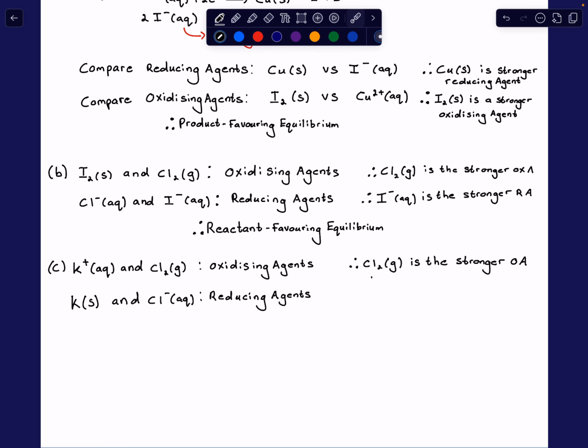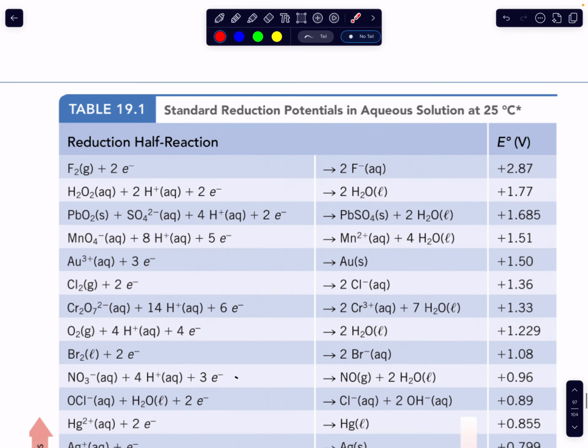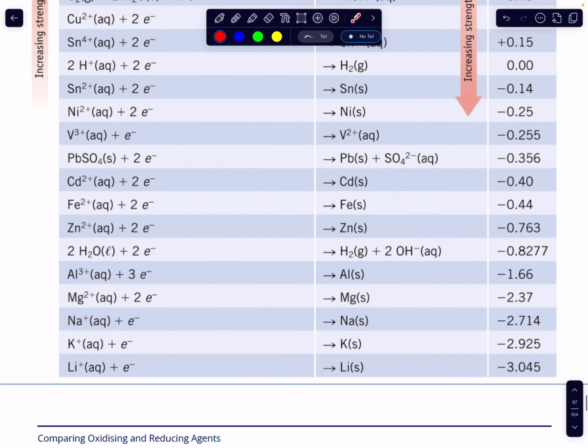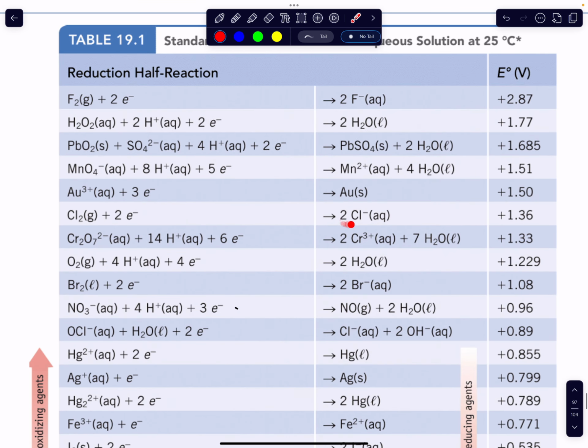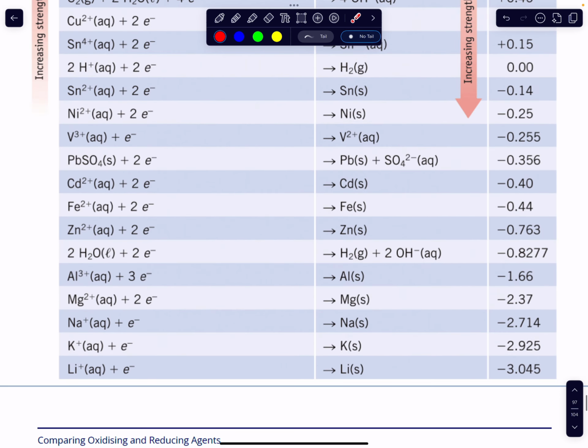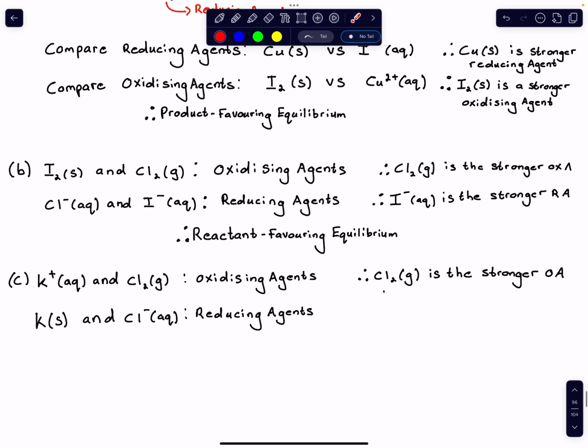So let's see on the other hand which of potassium and Cl minus wants to undergo oxidation, in other words, which is a stronger reducing agent. So if we look at potassium, here it is at the bottom, and Cl minus is here at the top. And indeed, yes, potassium is the stronger reducing agent, because potassium would rather want to be oxidized than Cl minus would want to be oxidized.